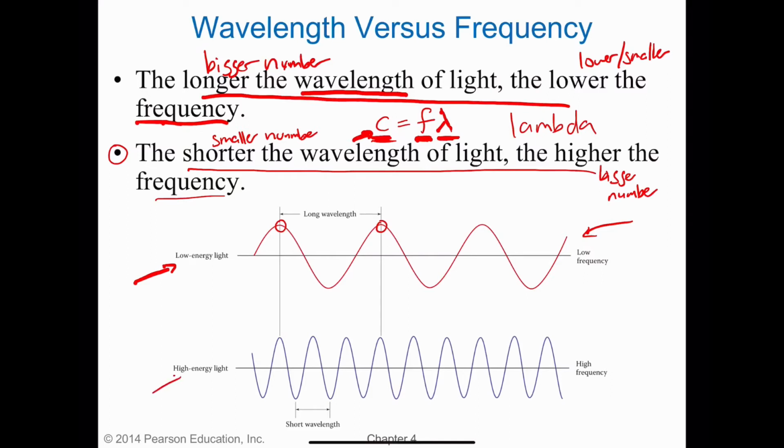The blue or purple one they're calling high energy light because it is true that blue, violet light is higher energy. This is one reason why we want to wear sunscreen when we go outside, because it's the UV light, UV as in ultraviolet, ultra meaning it's higher than violet, as in it's more energetic than violet. That higher energy light is what can damage your skin.